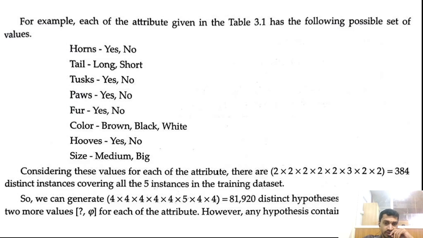All these hypotheses together define the hypothesis space. That is the importance of distinguishing between the instance space and the hypothesis space, the possible instances and possible hypotheses we can write for each and every problem, and you have to know how to write all those things.